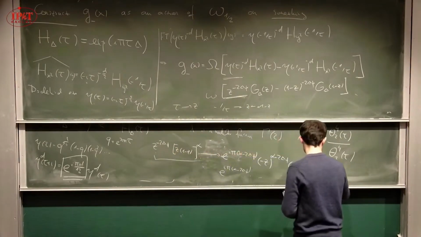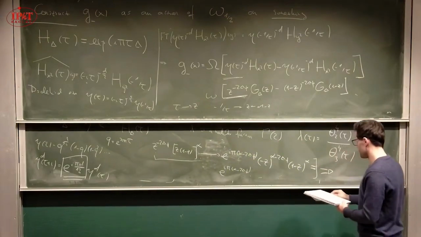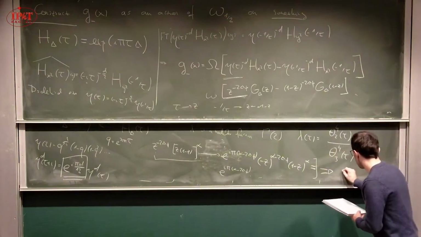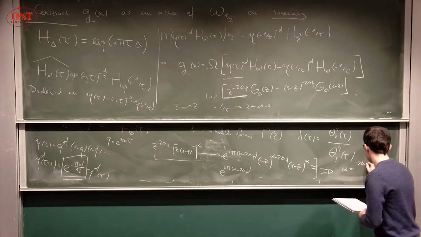Maybe I don't want to waste too much time, but basically by these constraints you get that alpha is 2 delta phi over 3.